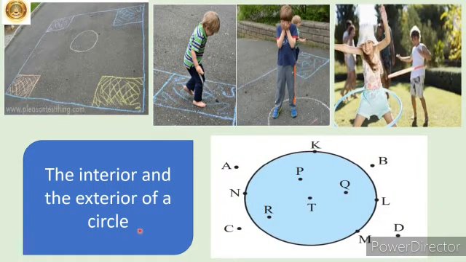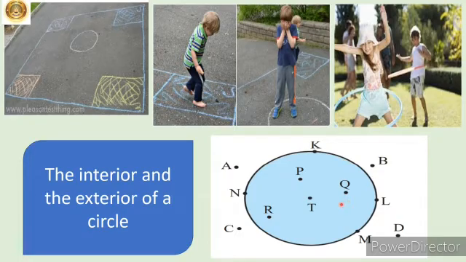In this picture, K, L, M, N are points on a circle. The colored area inside the circle in the picture is the interior of the circle.